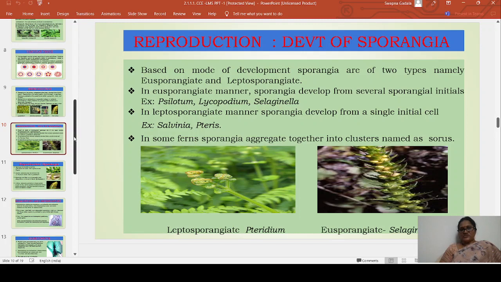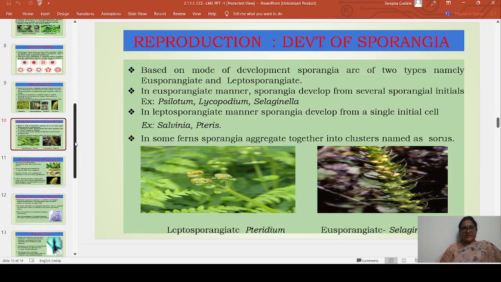In the leptosporangiate type of development, sporangia develop from a single cell. Example, Salvinia and Pteris. So in some ferns, sporangia are grouped together to form a cluster known as the sorus, which we have already seen in the previous slide. So based on the development of sporangia, it is leptosporangiate or eusporangiate.